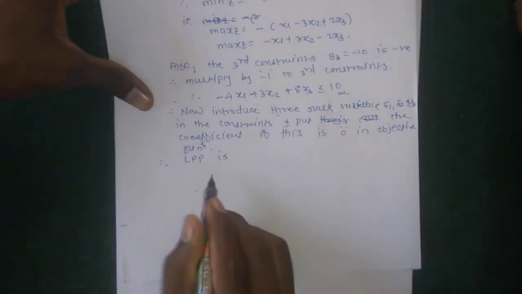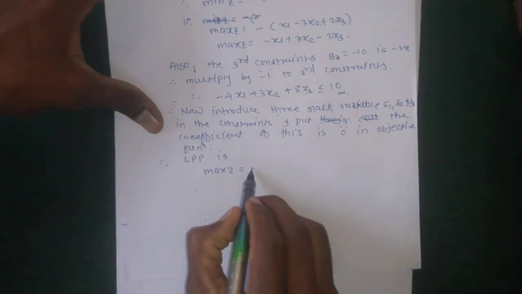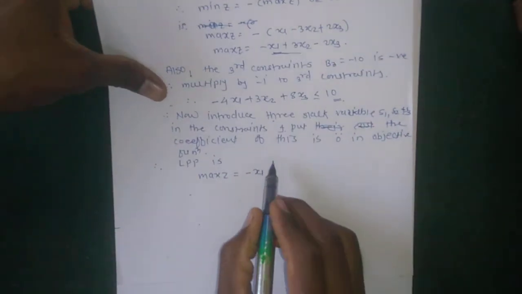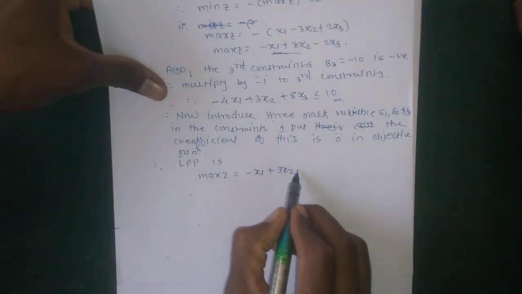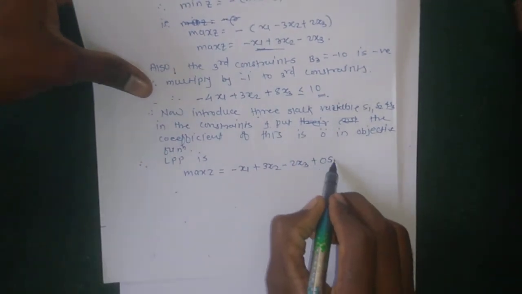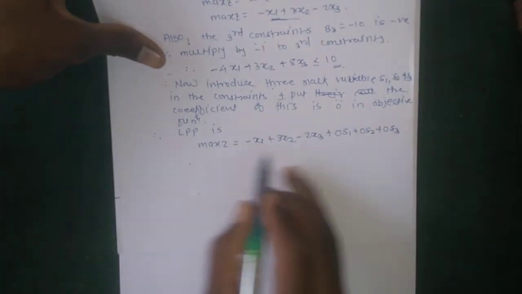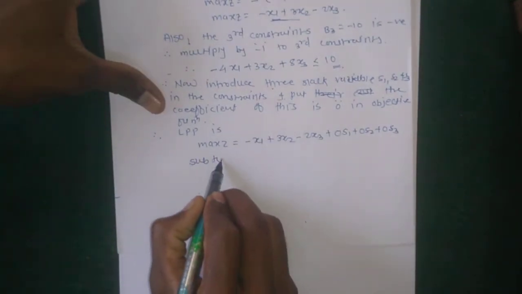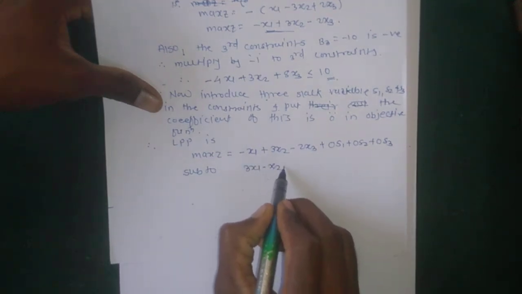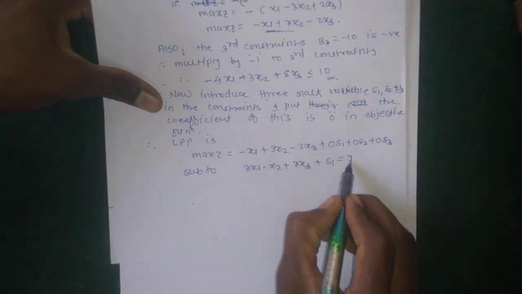Therefore the LPP in standard form is: maximum Z is equal to minus x1 plus 3x2 minus 2x3 plus 0s1 plus 0s2 plus 0s3, subject to constraints 3x1 minus x2 plus 3x3 plus s1 is equal to 7.